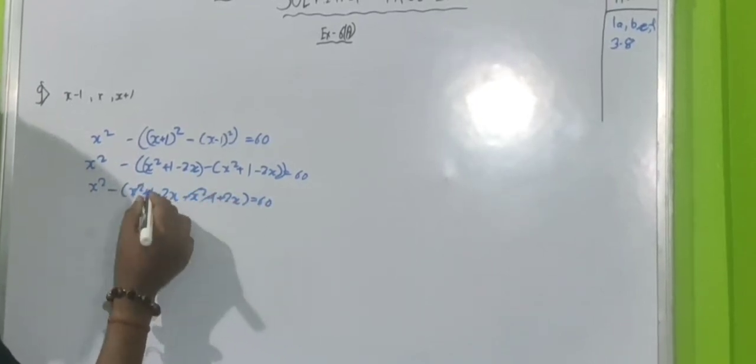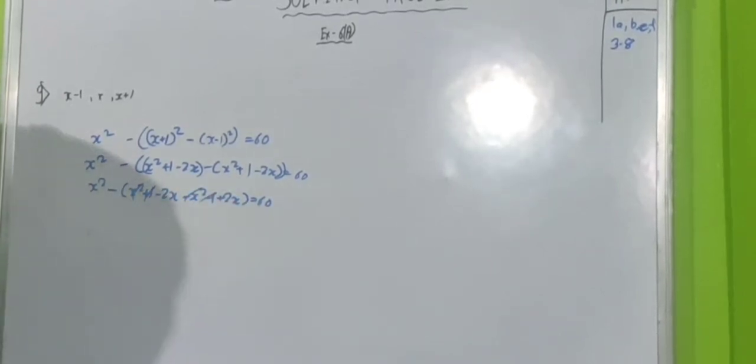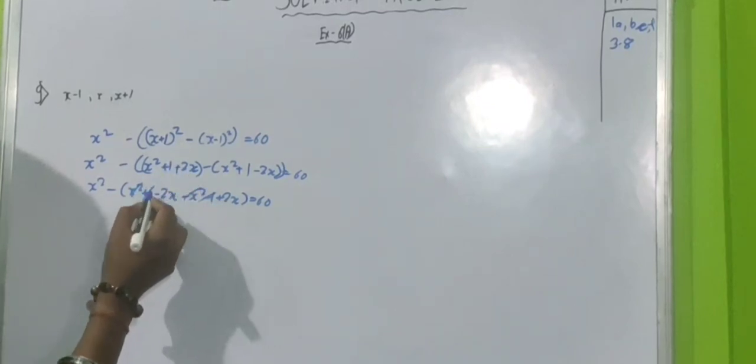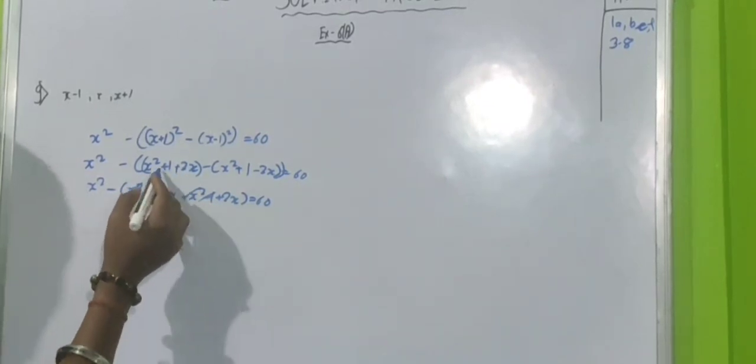Cancel, cancel, cancel, cancel. So friends, this will be plus 2, because this is positive.